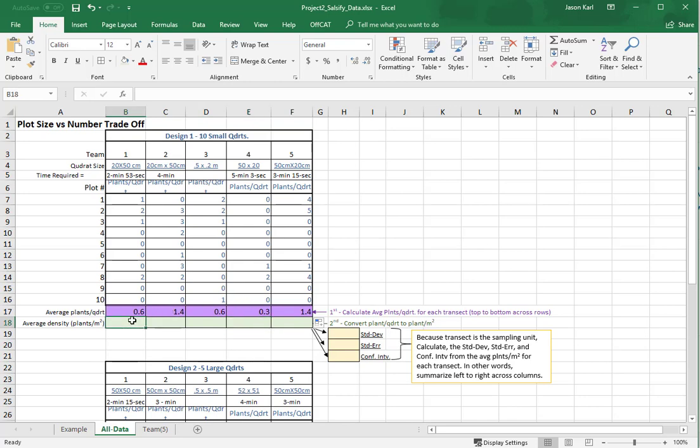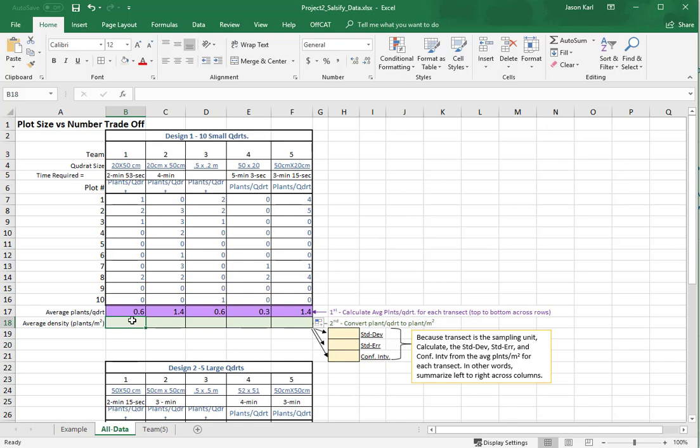Now, when we're calculating density, remember density is the number of plants per unit area. So we have to figure out what the area is, and this is where I think that my example in the spreadsheet wasn't clear, and as a result, I'm being kind of generous on the grading here because I think this was my bad.